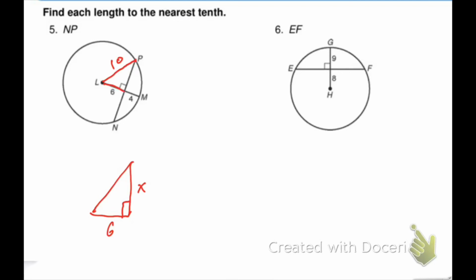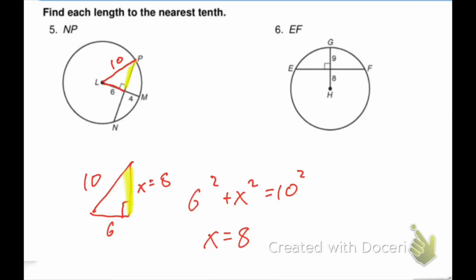This side is unknown, and the hypotenuse is 10. So I can use the Pythagorean theorem to solve for my unknown side length here. When I solve, it's a 3-4-5 times 2, so x is equal to 8. So this side length here is 8. Now it's bisected, so I double it to get the full length of NP, which gives me 16.